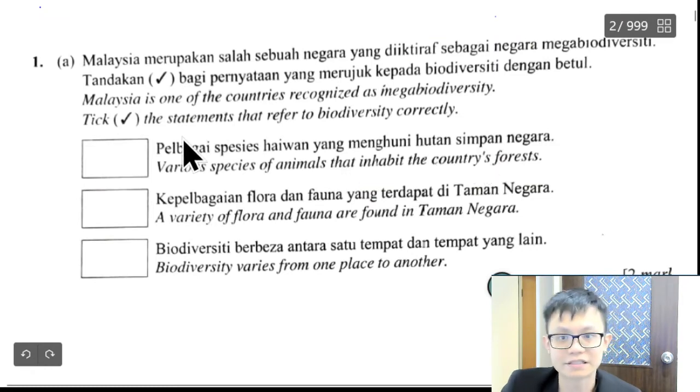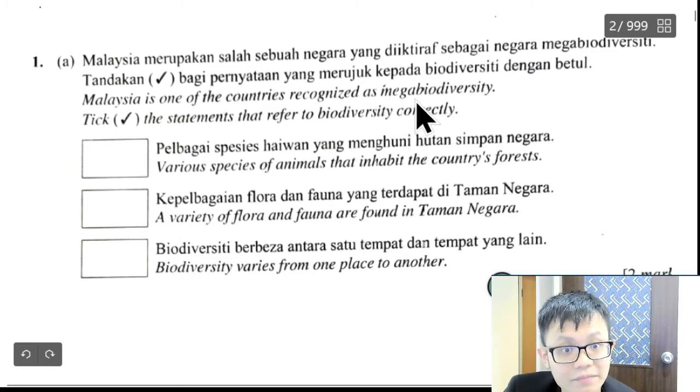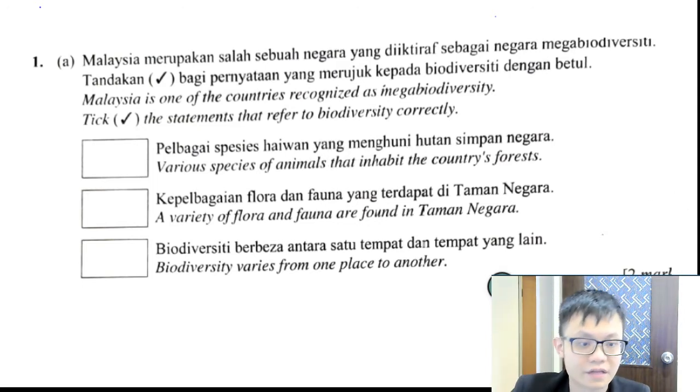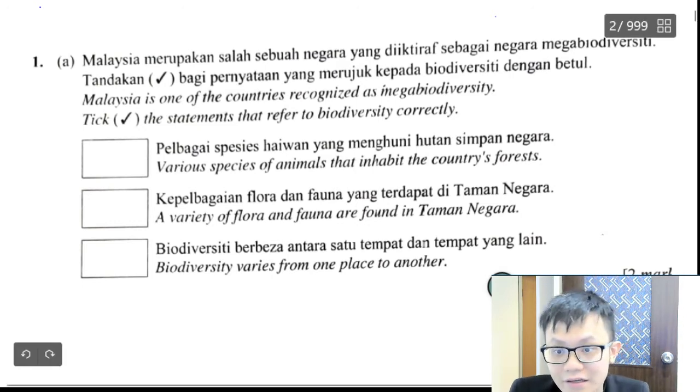Okay, let's read this question. Malaysia is one of the countries recognized as mega biodiversity. Tick the statement that refers to biodiversity correctly. Just now I read the question. The question is supposed to be mega biodiversity.